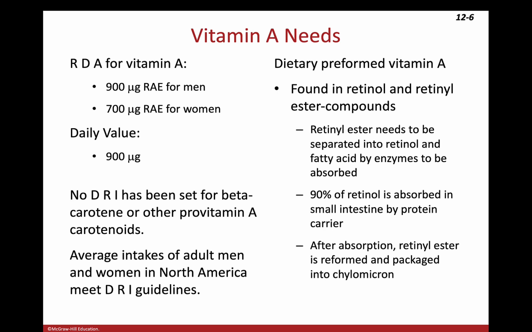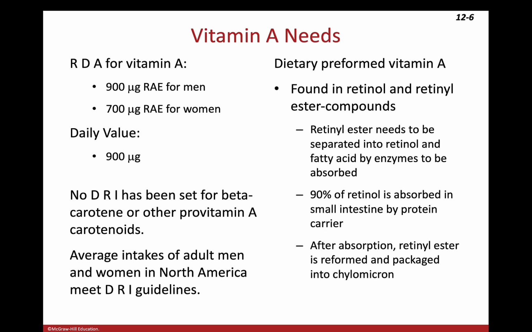Now, as noted, you're not responsible for memorizing the RDA for vitamins, but I am going to talk about it just to make sure that it is covered. The RDA is 900 micrograms RAE, retinol activity equivalents, for men and 700 micrograms RAE for women.